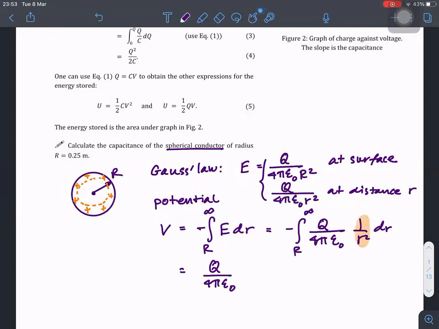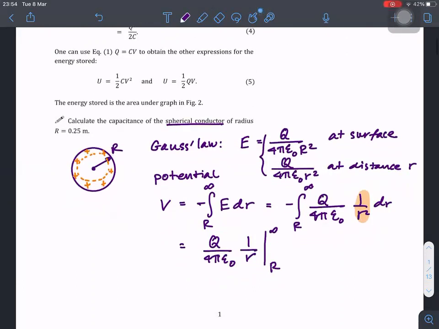What should come up would be 1 over r, just 1 over r, with the limits from r to infinity.